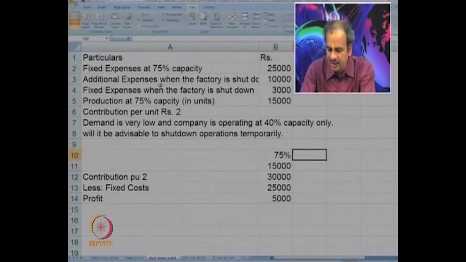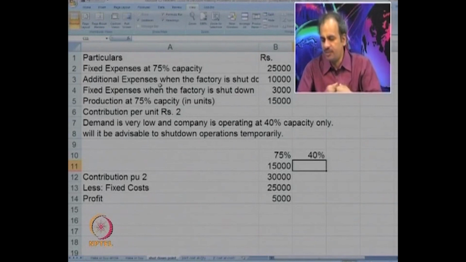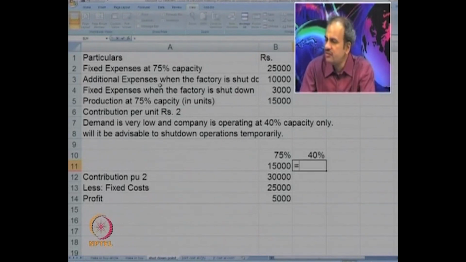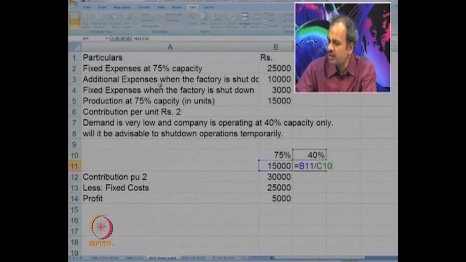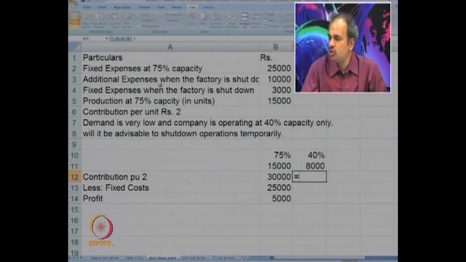Now currently they are not able to operate at that capacity. The production is down and it is only at 40%. So first we have to calculate what will be the number of units at 40%. So the number of units comes to 8,000, is it right? So how much will be the contribution?